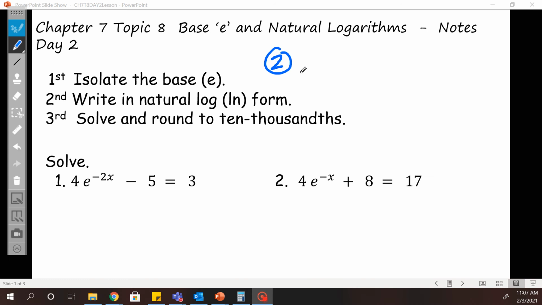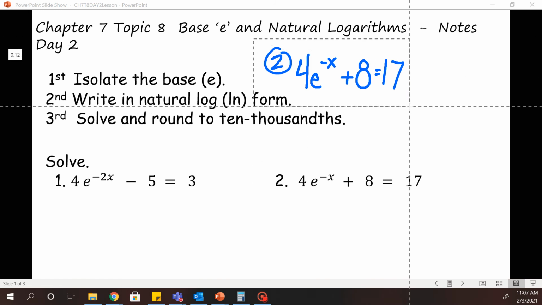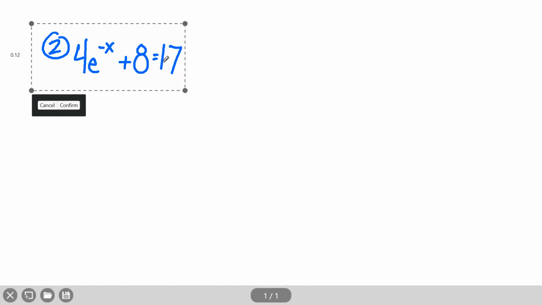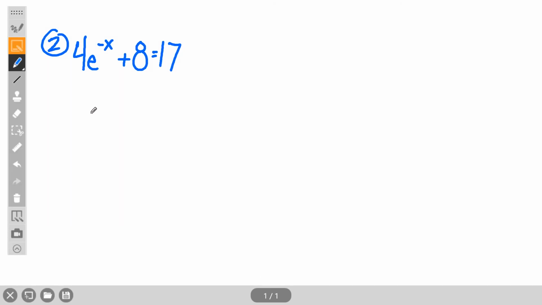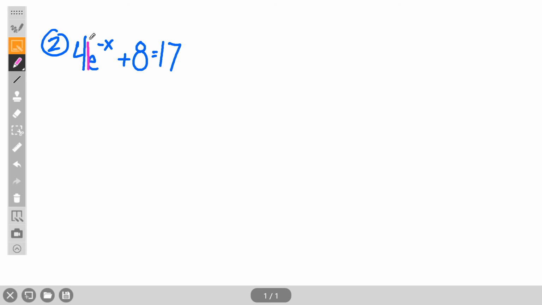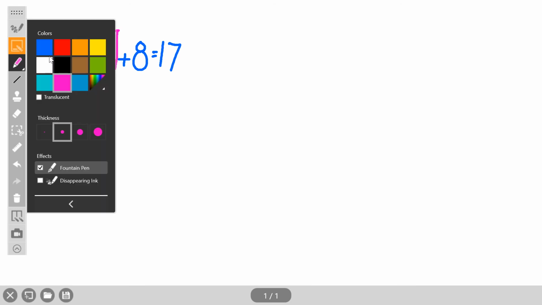Number 2, we have 4e to the negative x plus 8 equals 17. First we need to get the base by itself, which is right here, the e.